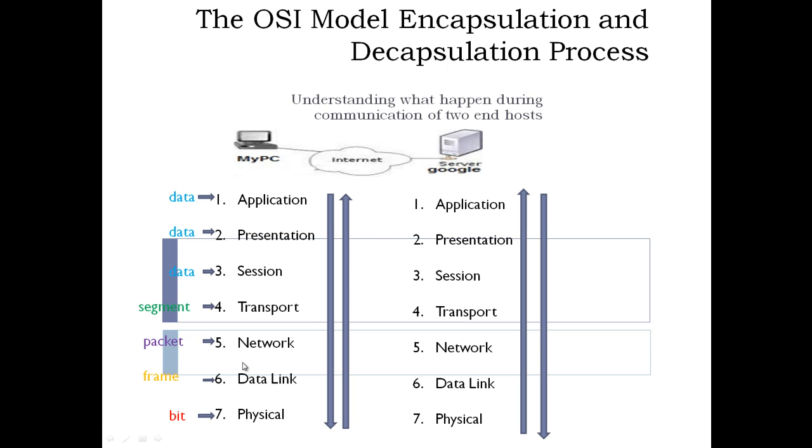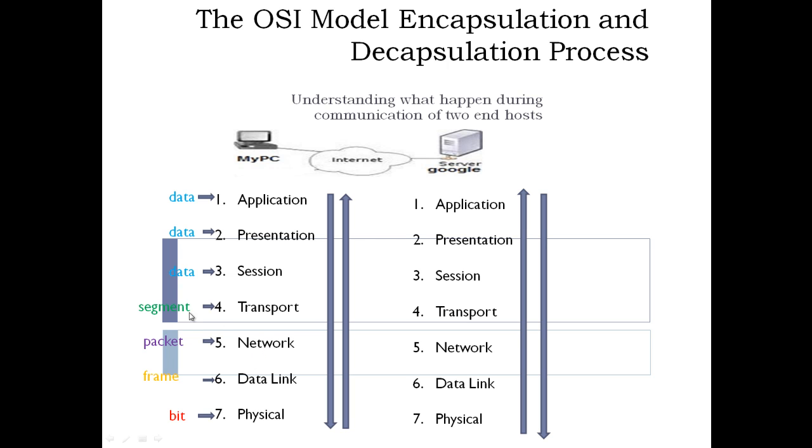And the network layer will do the same thing. It's going to add something to the segment, and the data is going to be called a packet now. So when you hear the word packet, just know that you are on the network layer.